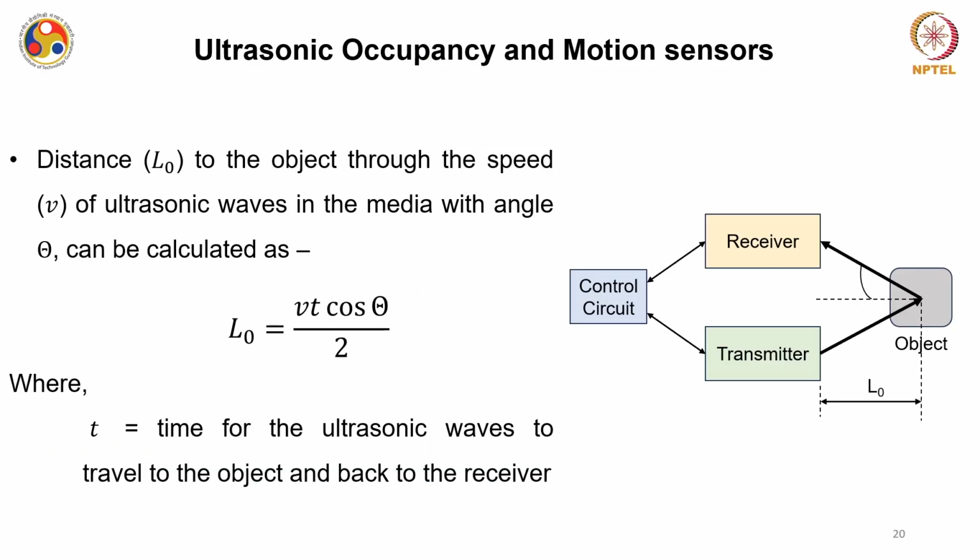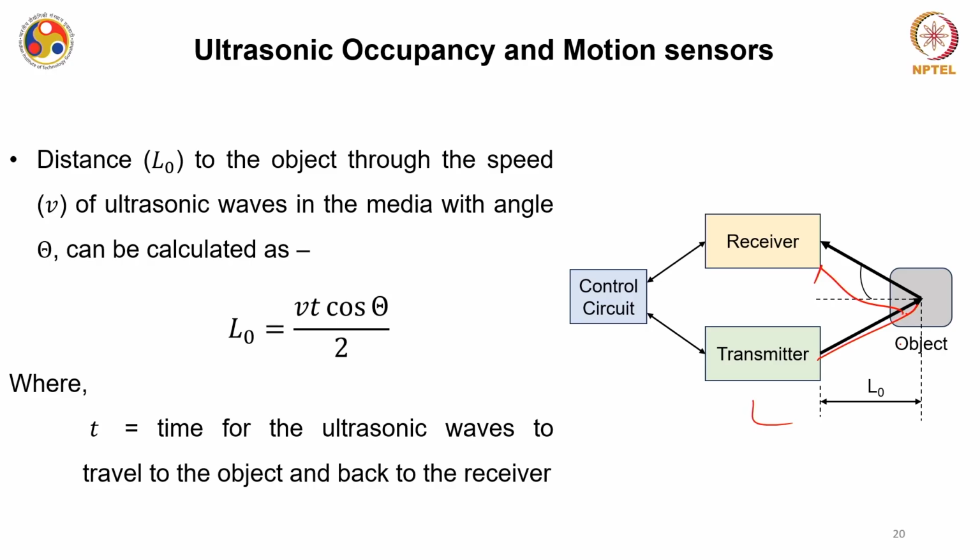Now the idea, as I have mentioned, is very simple. You have a transmitter, there is an object, and you have a receiver. You transmit the signal, ultrasonic sound in pulses, and it is received, and you have a control circuit which can compare the received signal and the transmitted signal.